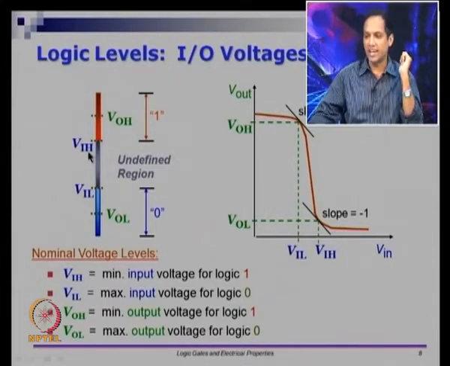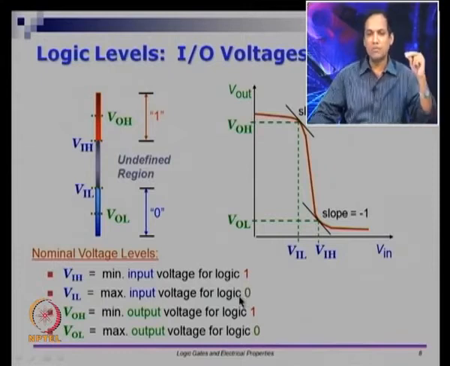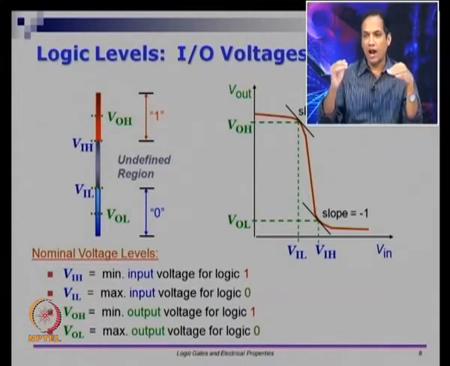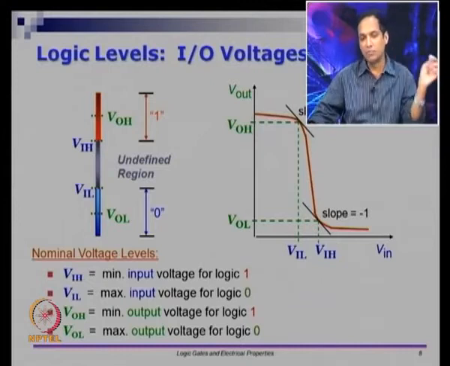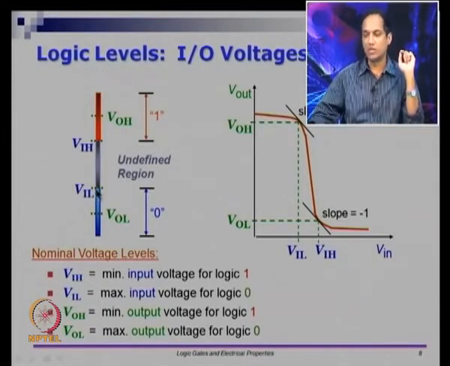That is called VIH, and similarly VIL is defined as the maximum input voltage for logic 0. If I want the input to be interpreted as 0, I should not exceed a certain voltage level. So VIL is the maximum input voltage for logic 0.